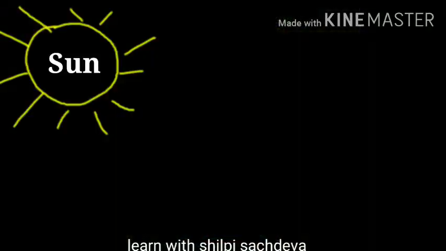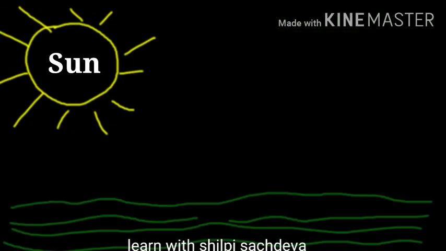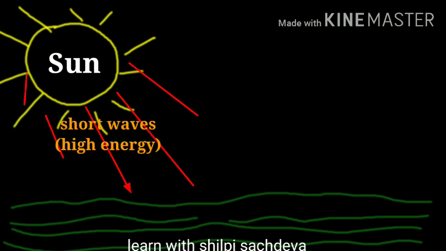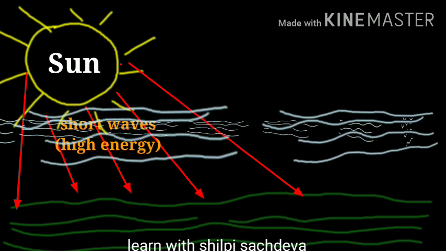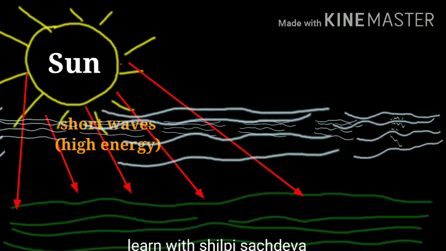As the sun is the source of heat for planet Earth, and the temperature of the sun is very high, this high temperature produces short waves which have high energy, and the atmosphere of the earth is not capable of capturing this high energy.